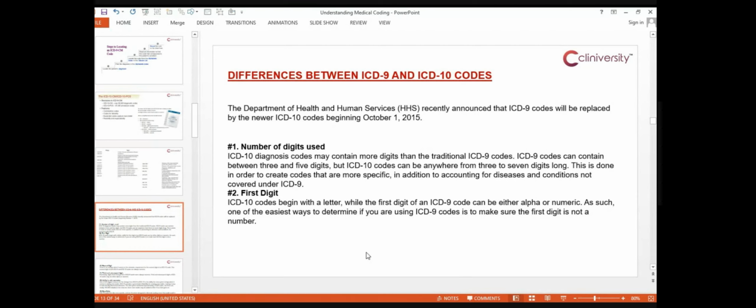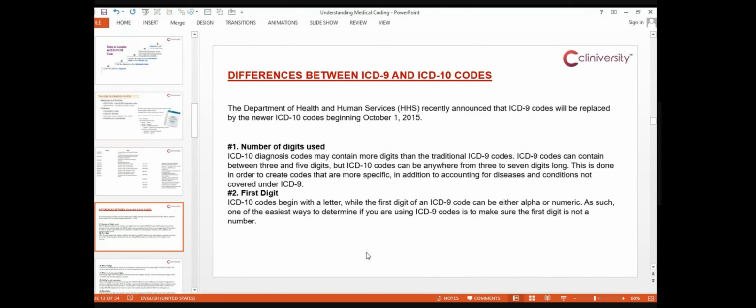This is done in order to create codes that are more specific, in addition to accounting for diseases and conditions not covered under ICD-9. So actually, it's an effort to cover more precisely the different types of diagnoses reported in the patient's report, and accordingly, the specific treatment provided for that particular condition.